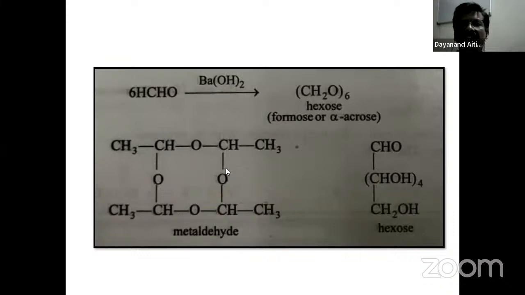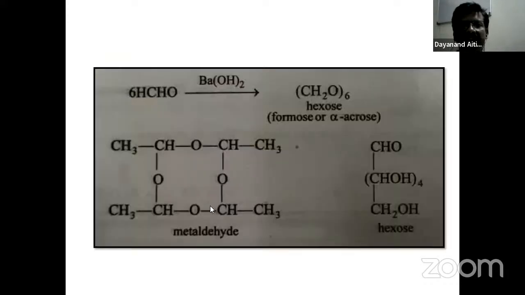Formaldehyde, paraformaldehyde, is obtained on evaporation to dryness. Whereas a polymer is formed in the presence of acid, giving polyoxymethylene.